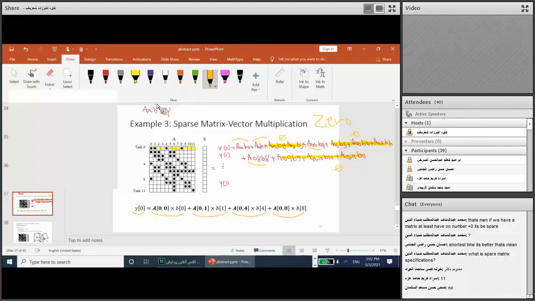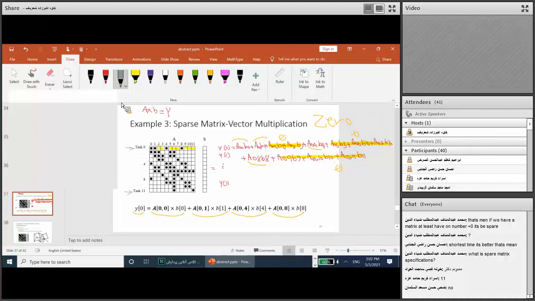Okay. Now if we are going to decompose this sparse matrix vector multiplication, we define 12 tasks, task 0 to task 11.